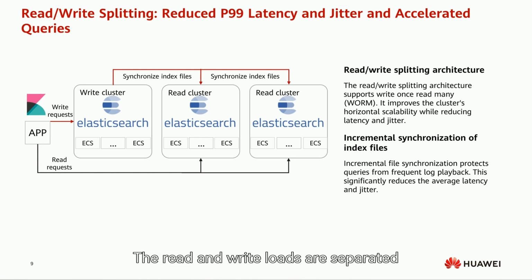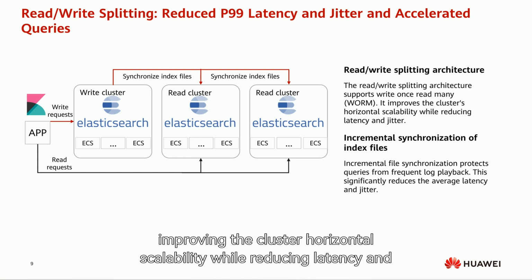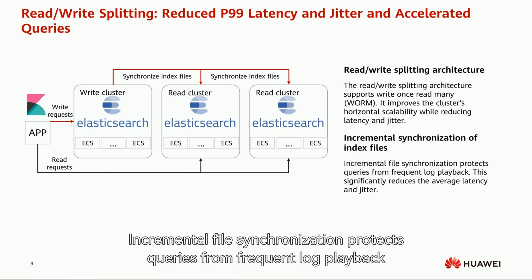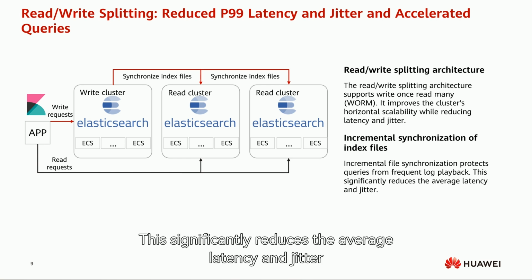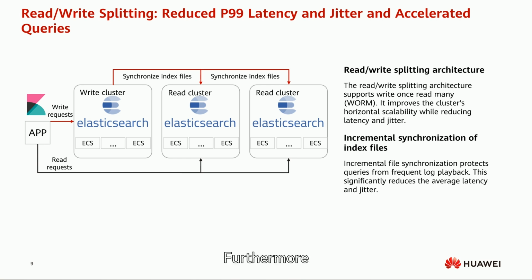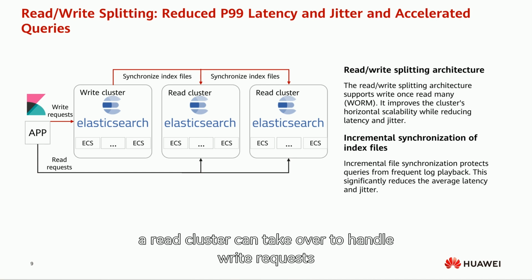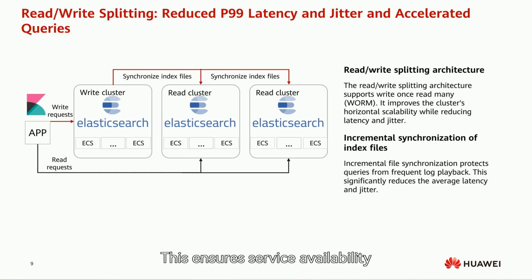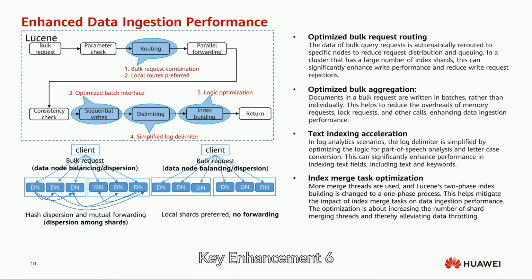The read and write loads are separated, improving the cluster horizontal scalability while reducing latency and jitter. Incremental file synchronization protects queries from frequent log playback. This significantly reduces the average latency and jitter. Furthermore, in case the write cluster fails, a read cluster can take over to handle write requests. This ensures service availability.